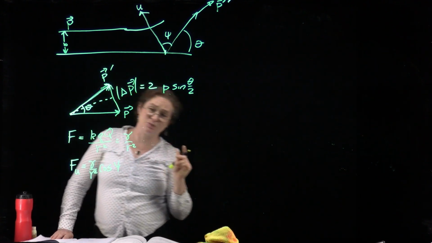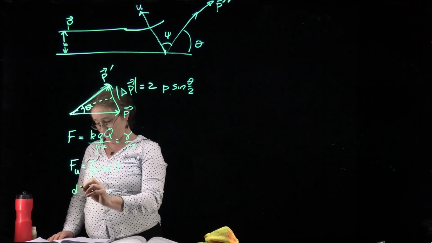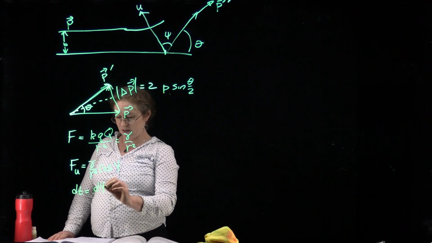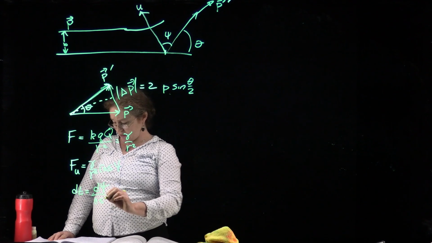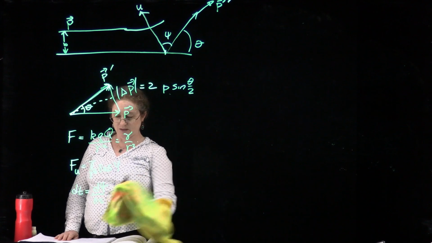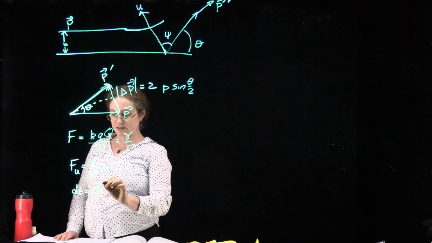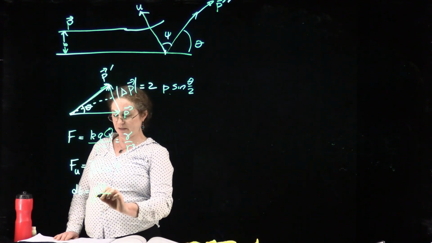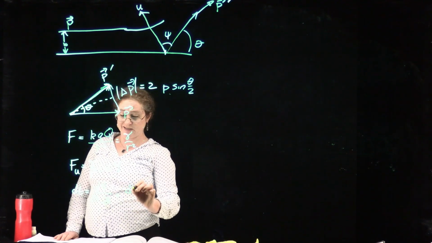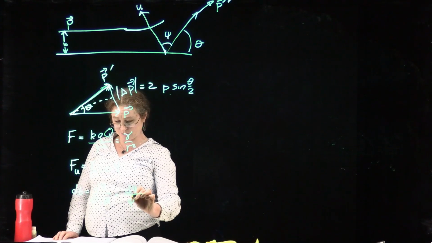Now, because at this point you're reasonably good at calculus, dt is the same thing as dt over d psi times d psi, or d psi over psi dot.